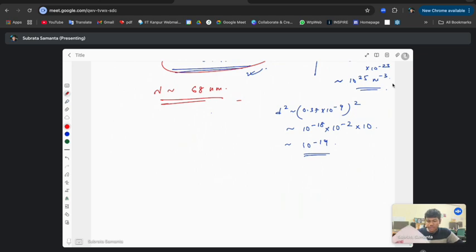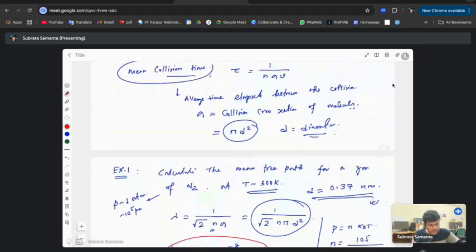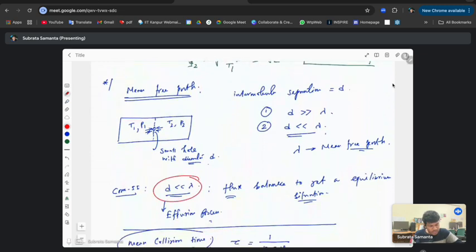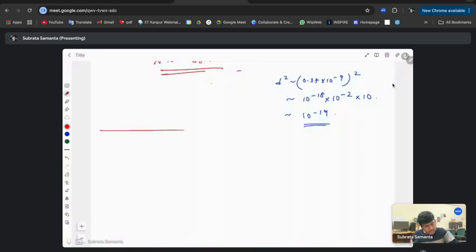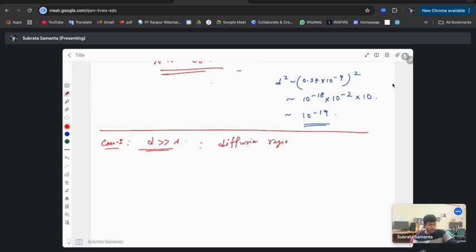And for the other regions, this is the case where d is very much less than lambda. So this is the effusion process. And the other case is where your d is very much greater than lambda, the diffusion region.